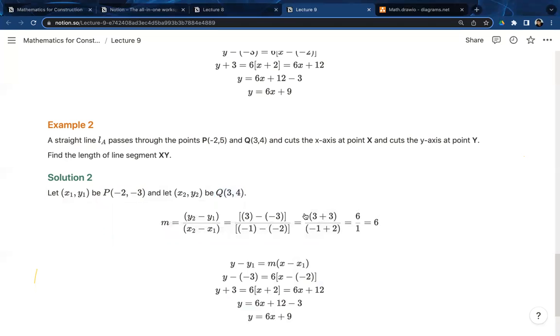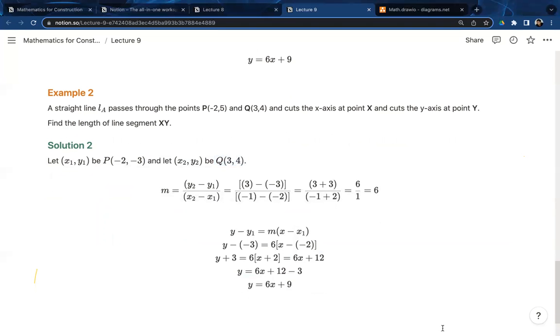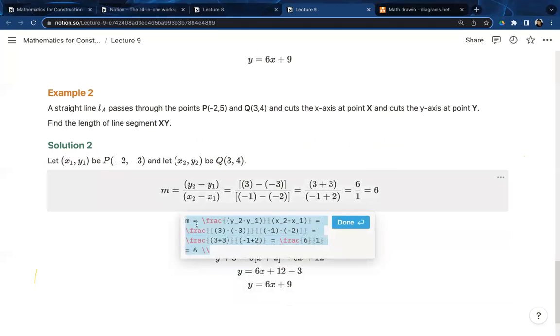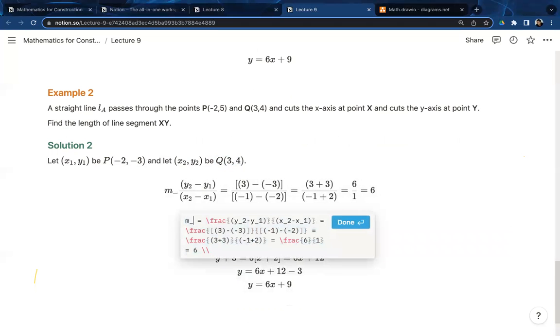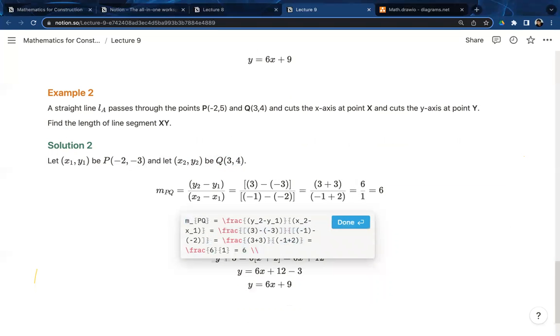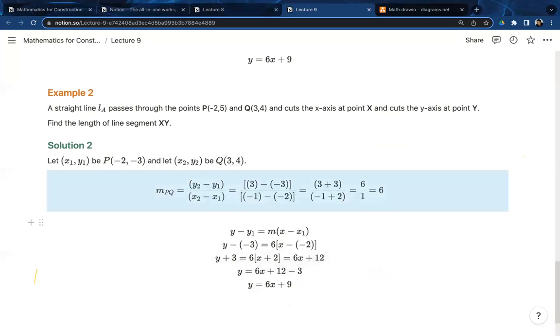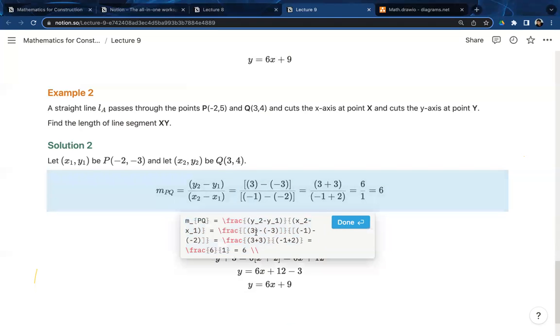Okay, so my mission is to find the gradient. Using the gradient, I will find the equation. So let's go. I will call this MPQ. It's always good to have subscripts, right? So this is the gradient of line segment PQ, which is the gradient of the entire line. Y2 is 4.